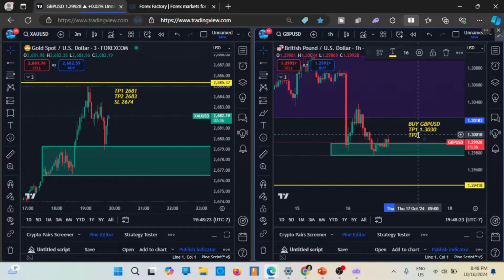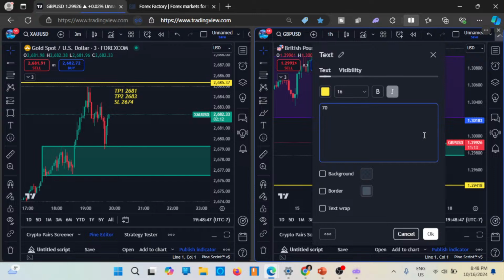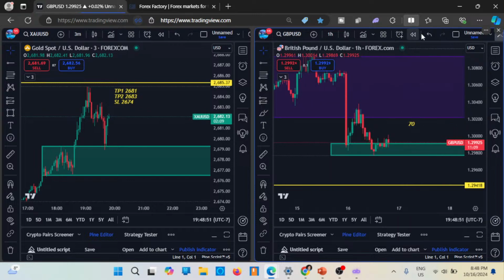1.3070 would be the second take profit for GBP USD. Okay.